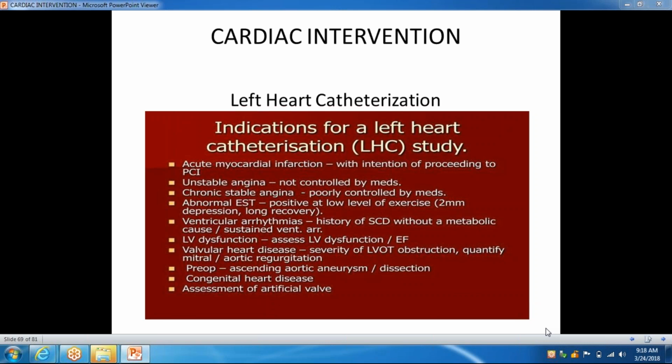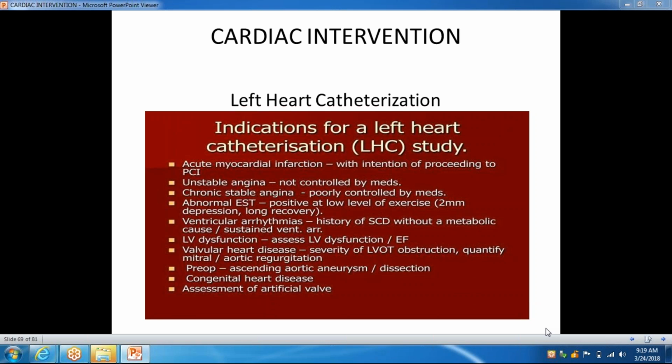So someone who presents with an acute myocardial infarction, we have teams on standby that would take that patient immediately to the catheterization lab, and we would do a left heart cath, identify the blood vessel that is responsible for the acute heart attack, and then intervene, putting in a stent.